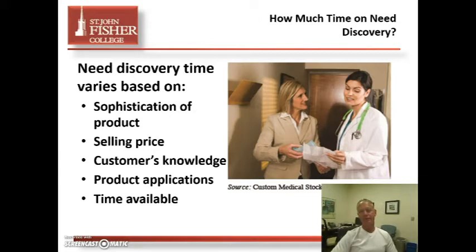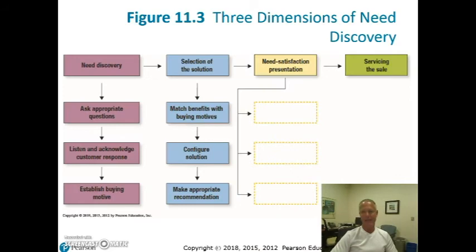What you're going to want to do is adapt, and that's why we call this an adaptive and consultative selling process to the situation at hand. So three dimensions of need discovery. You've got needs discovery, asking appropriate questions, listening and establishing, then selection of the solution, matching benefits with the problems, and then you've got your needs satisfaction presentation.